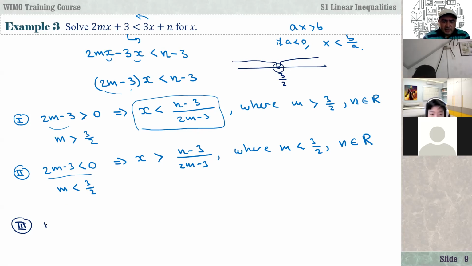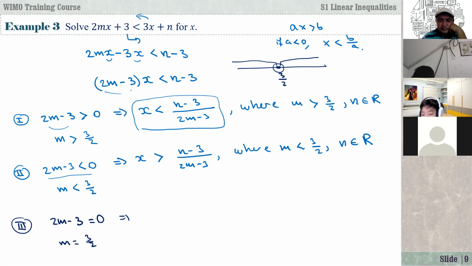So 2m minus 3 is equal to 0, which means that m is equal to 3 over 2, right? So at that time, 2m minus 3 is equal to 0.